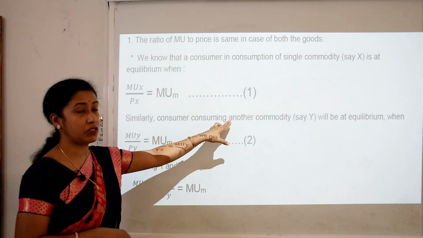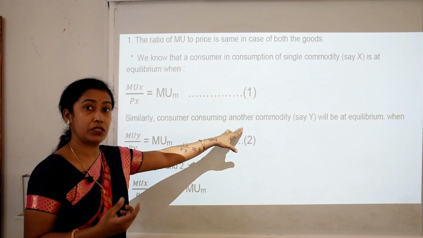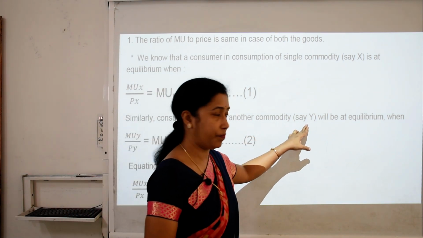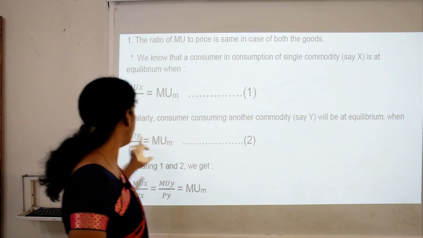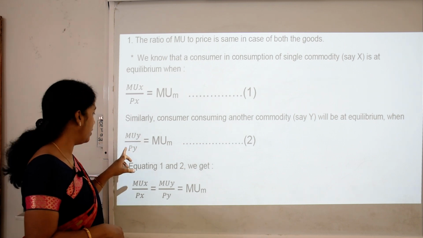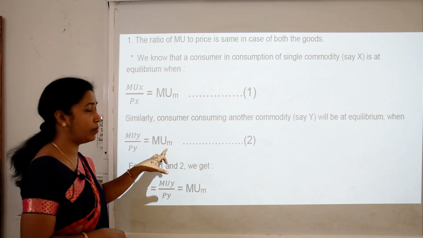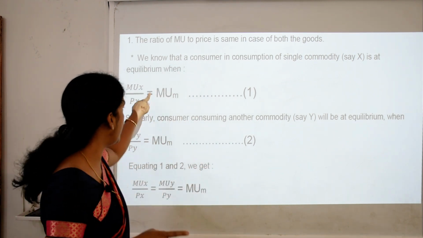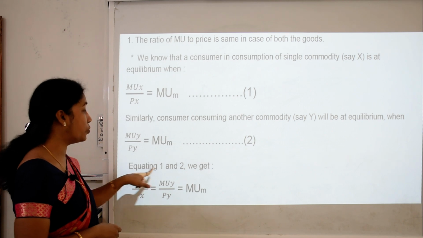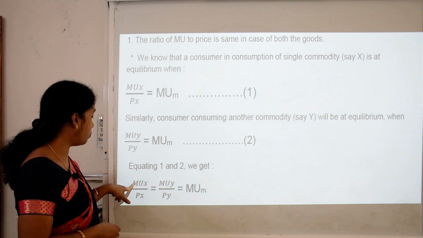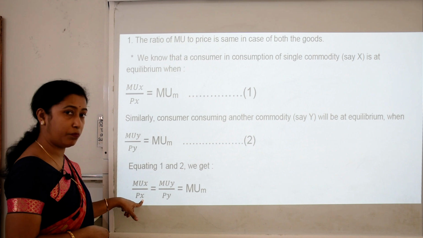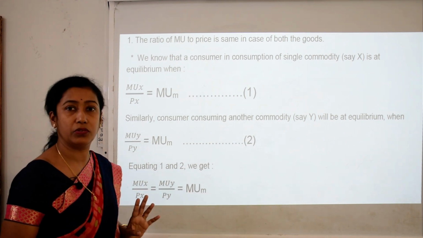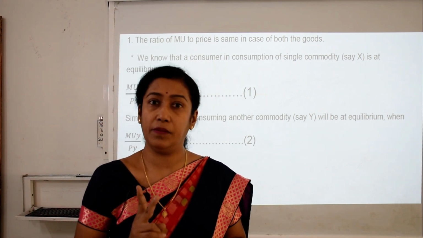Similarly, any consumer who is consuming another commodity, that means the case of two commodities, say Y along with X, will be at equilibrium when marginal utility of Y divided by price of Y is equal to marginal utility of money. So if we combine both these equations, what we get is: marginal utility of X divided by price of X is equal to marginal utility of Y divided by price of Y, which is equal to marginal utility of money.